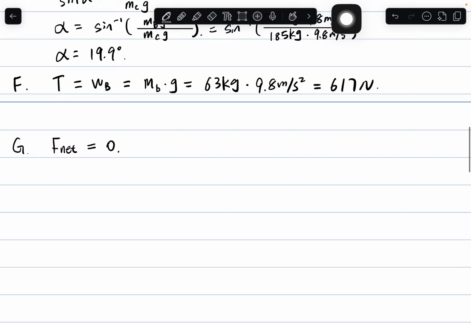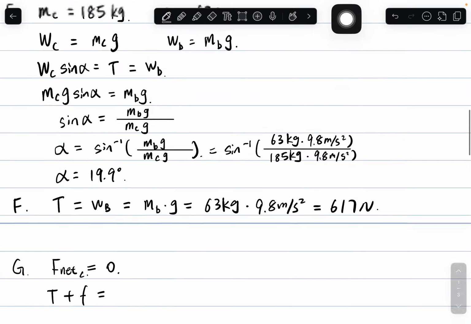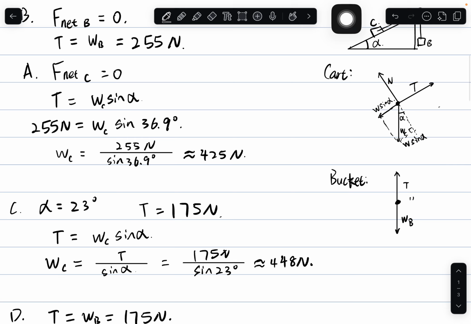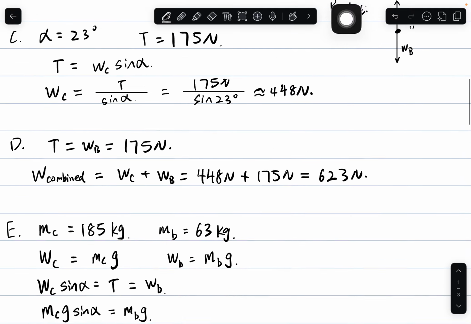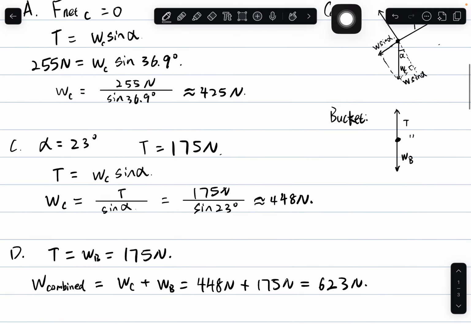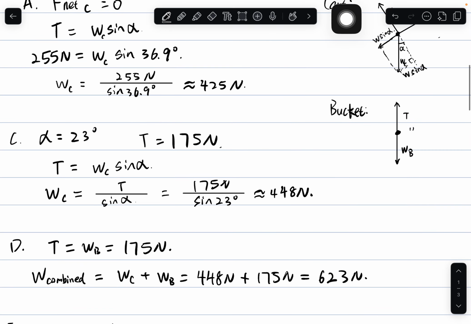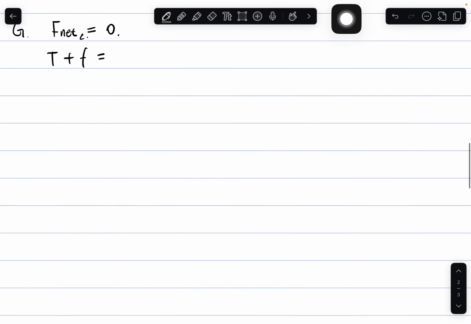For the cart, since the net force on the cart is equal to 0, we have the tension on the cable plus the friction equals this downhill force, the weight of the cart times sine of alpha.